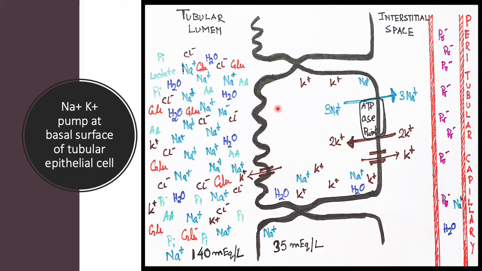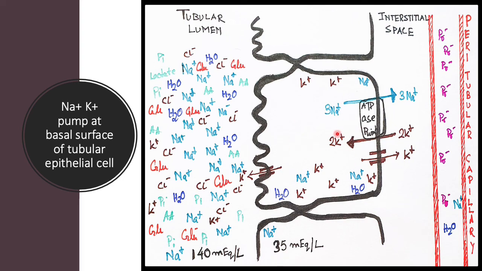Electrical how? In the resting condition, we know the inside of the cell membrane is negative because of the protein inside and the continuous potassium going outside the cell, so it is creating negativity. So an electrical gradient is also there for these ions, and the concentration inside is also very low, so it is creating a chemical gradient.